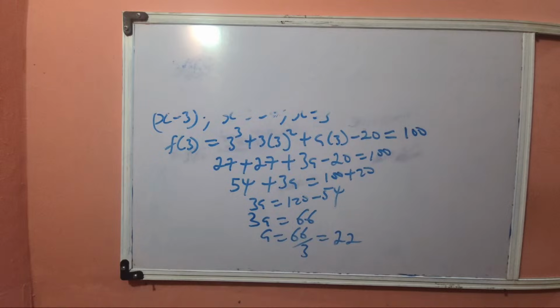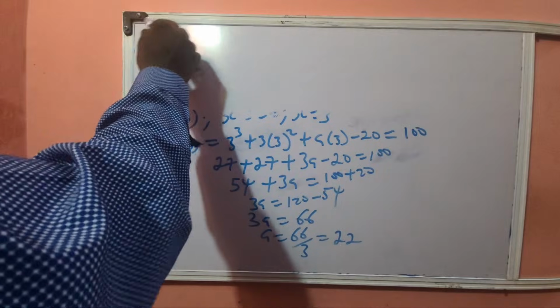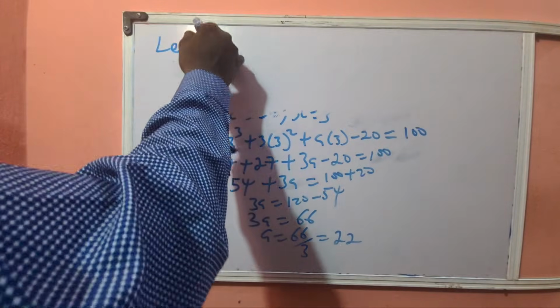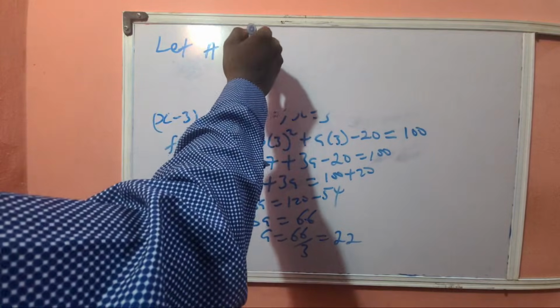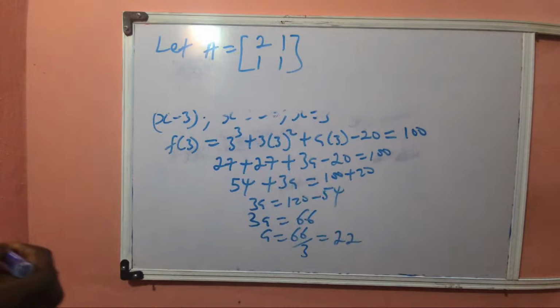All right, this is the question. It has to do with polynomials. So we are told let matrix A be equal to 2, 1, 1, 1. Of course, I'm sure you know the order of this matrix. This is a 2 by 2 matrix.